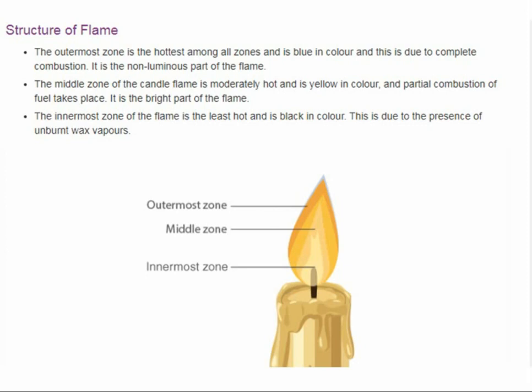The innermost zone is the least hot and is black in color. This is due to the presence of unburnt wax vapors. So you can do an experiment with the help of your parents.